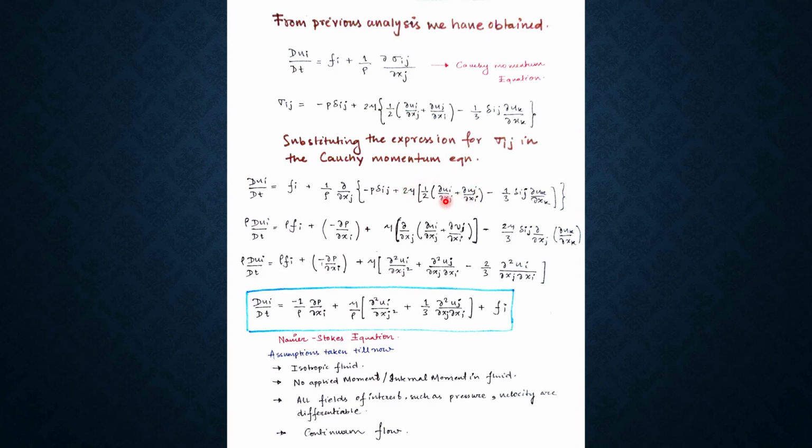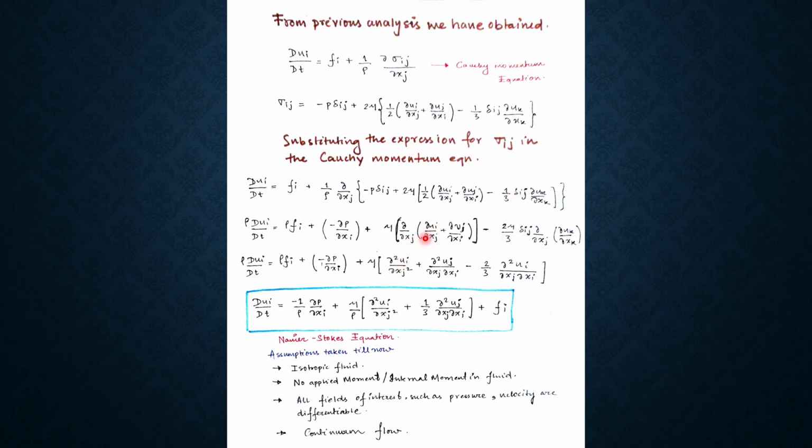Now moving on to the second term. There are actually two terms over here, but as a whole it is the second term. Now ∂/∂x_j of that, I will be expanding it further in the next step. And then ∂/∂x_j of this last term over here.